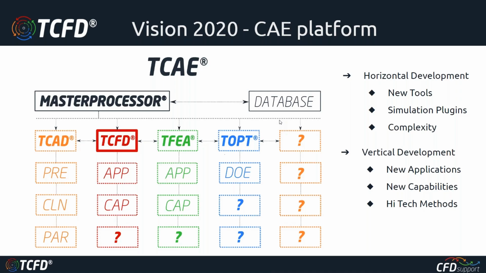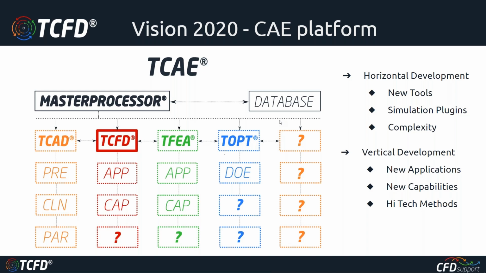And if we take a look even more into the future, we have big goals. We are really excited about them. By the end of 2020, we will introduce TCFD as a CAE platform rather than just a CFD code. We will introduce a modern CAE engineering simulation platform that offers a complete engineering workflow, including CAD, CFD, and structural analysis, and all of them will be based on smart connection of open sources.